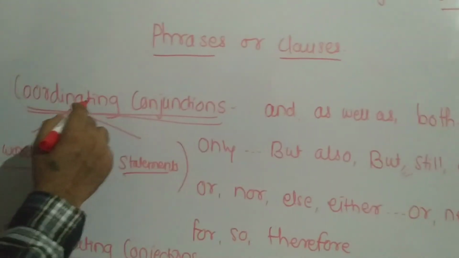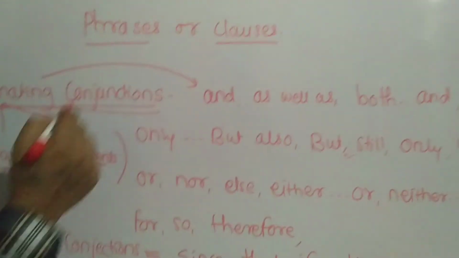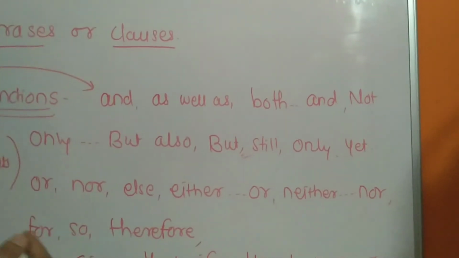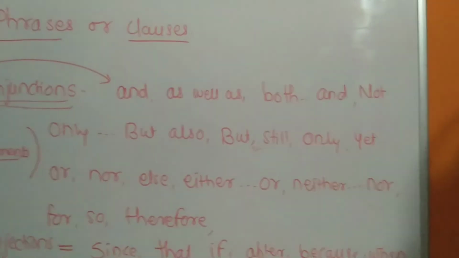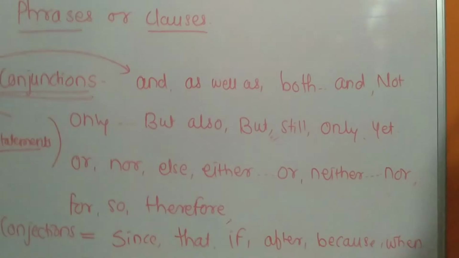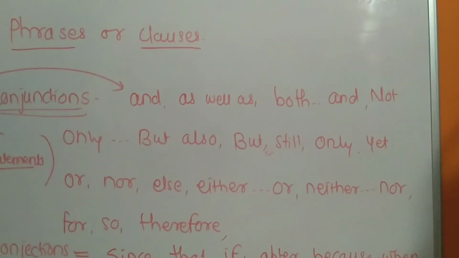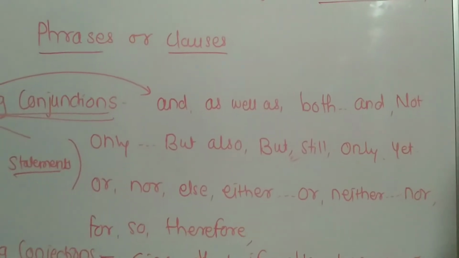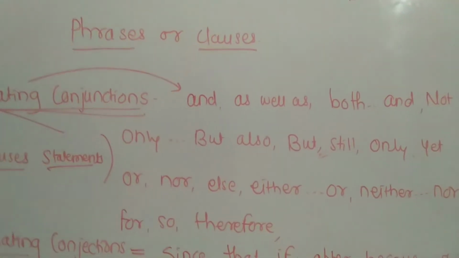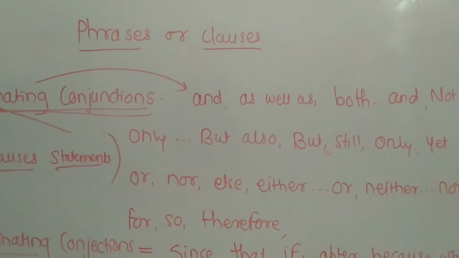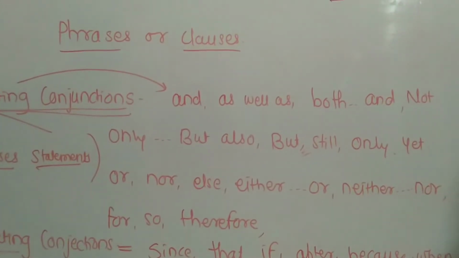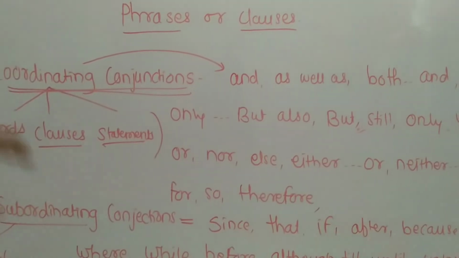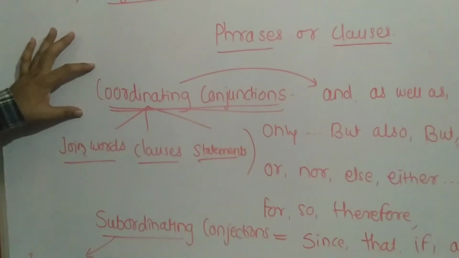Now see the coordinating conjunctions: and, as well as, both and, not only but also, but, still, only, yet, nor, or, else, neither nor, either or, for, so, and therefore. So these are the coordinating conjunctions.